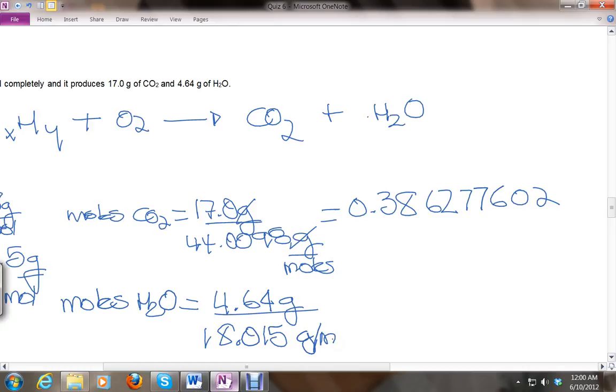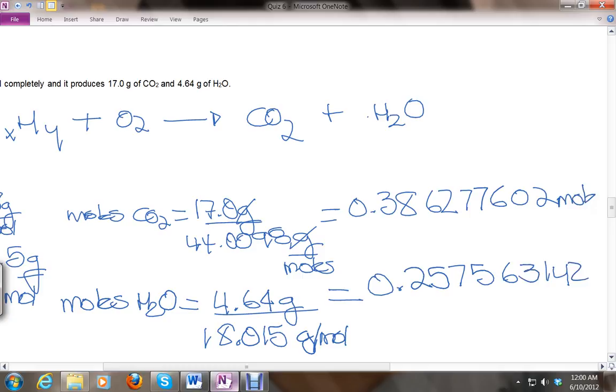If you don't believe me, just calculate it, and it's going to be 4.64 divided by 18.015 equals 0.22575631142 moles. Now this is the conceptual part. Very important. It's a concept. For every mole of CO2, how many moles of carbon are you going to have?